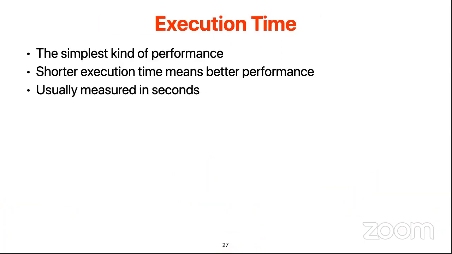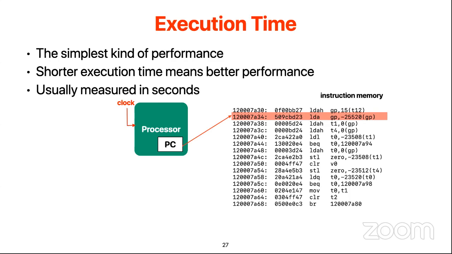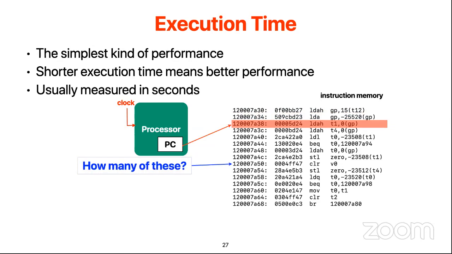So for the execution time, you might feel like you have to memorize it, but if you understand how the processor executes instructions, it's not that hard. The processor executes instructions one by one, and the processor is controlled by the clock. It depends on how many instructions the program needs the processor to execute. And since it's a program in execution, this refers to dynamic instructions.